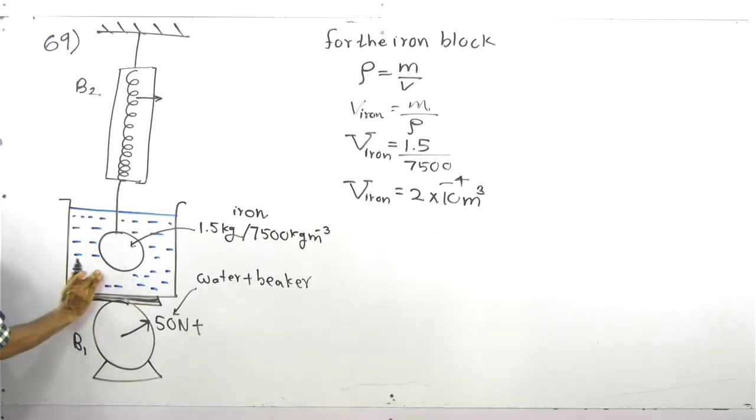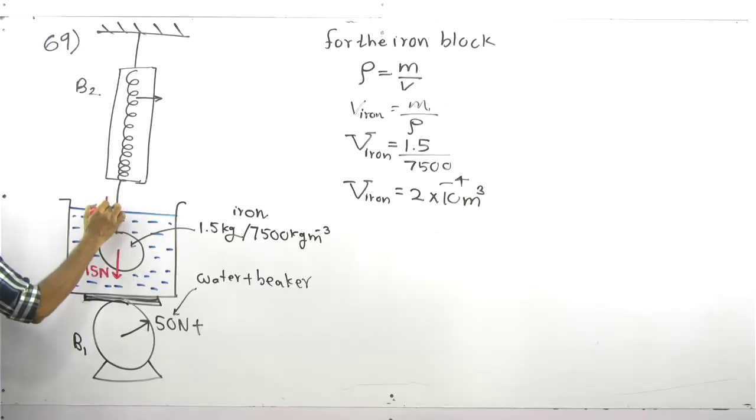So the weight of the iron block: the mass is 1.5, so the weight is 15 newtons, and there's the upthrust acting on it.